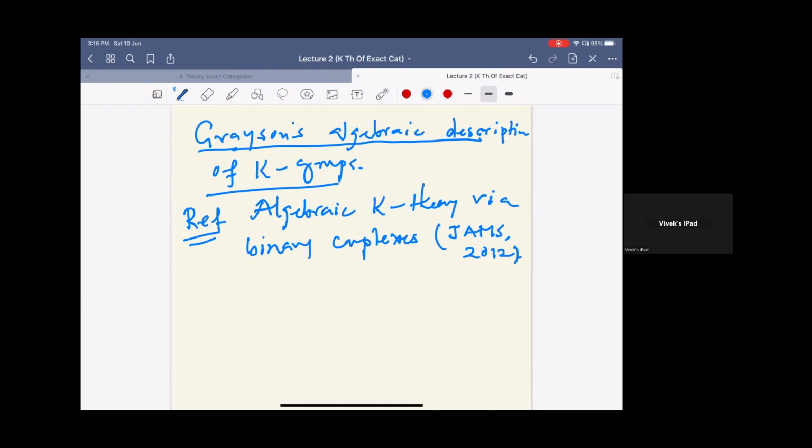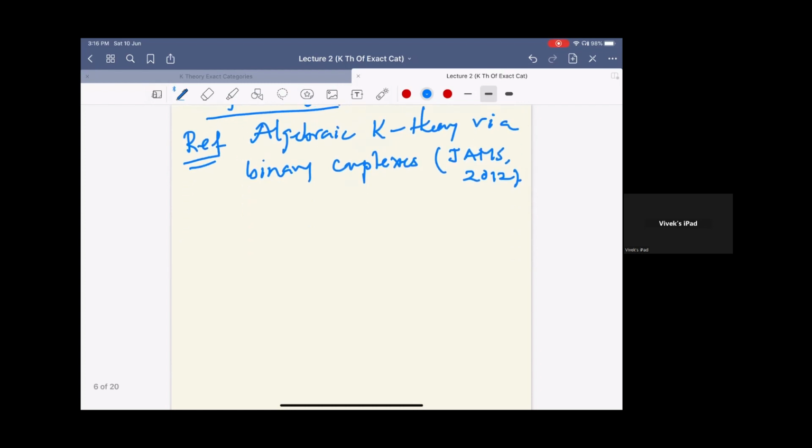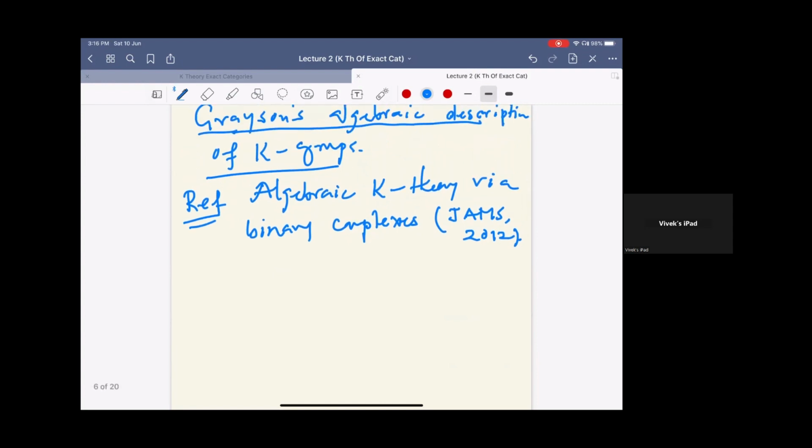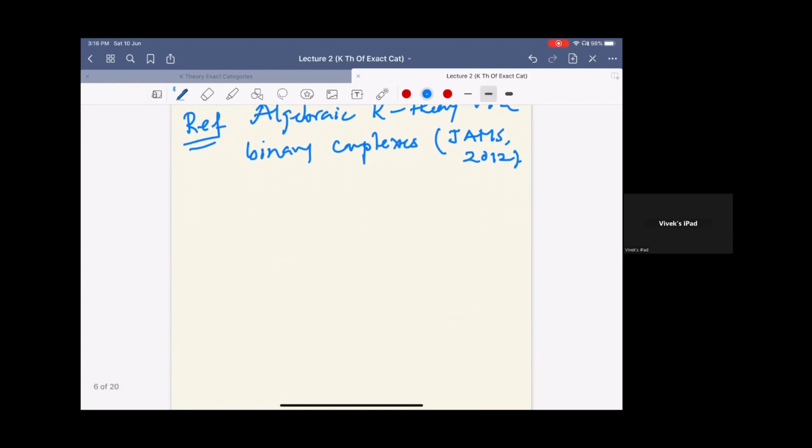Okay, so whatever I am going to discuss is based on this paper. So Grayson defined K theory of an exact category algebraically, basically via binary complexes. So we have to define what a binary complex is and all this.